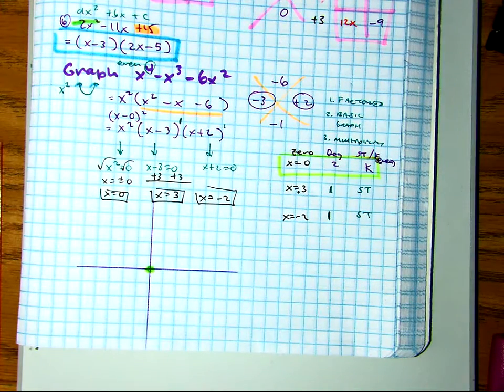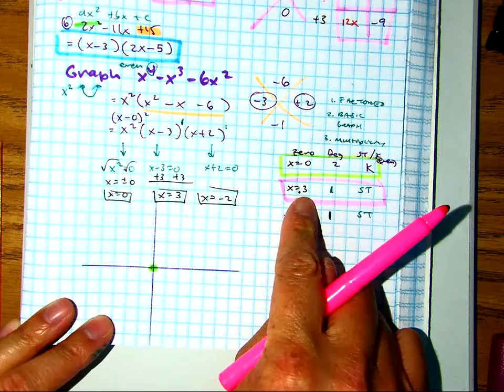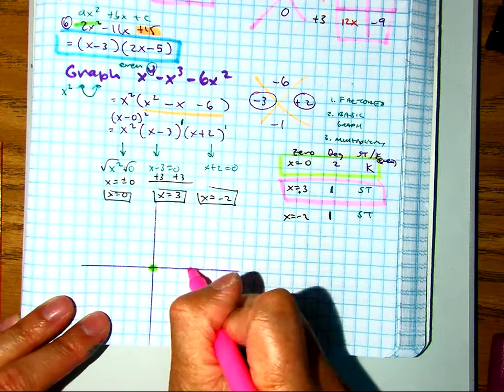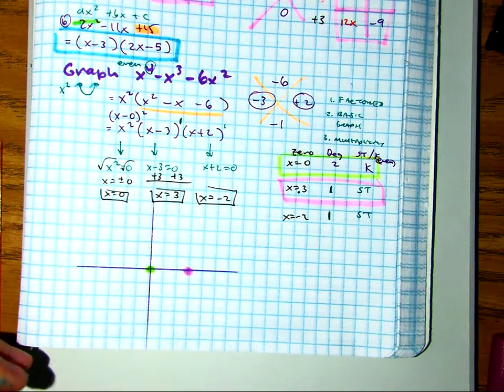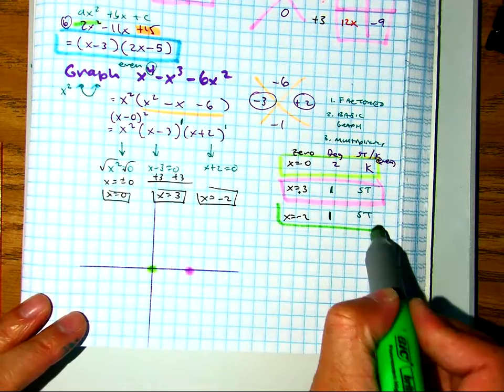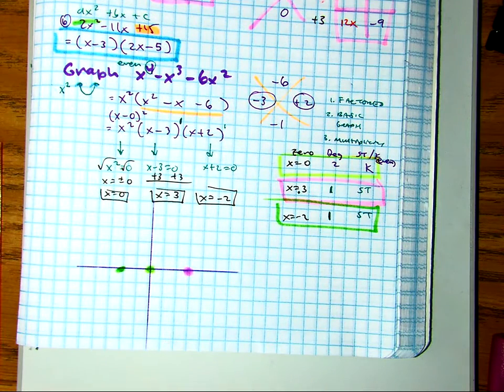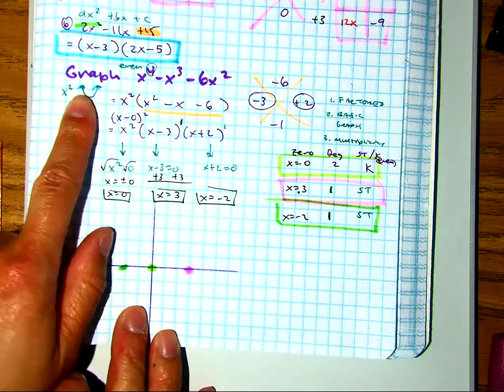I have x equals, let's just say, 3. And x equals -2. I'm going to look at my end behavior now. Starts up, ends up.